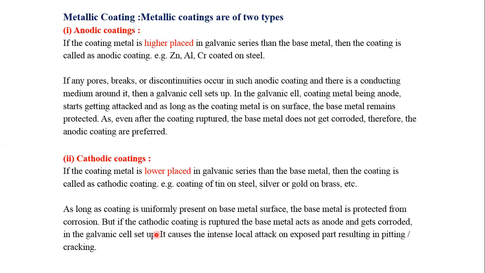That's why, if the cathodic coating is ruptured, the base metal behaves as an anode and gets corroded through the formation of the galvanic cell. That is the reason why the anodic coating is more protective compared to the cathodic coating and is more preferred.